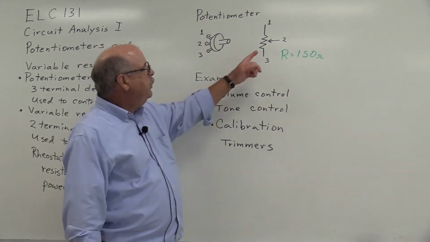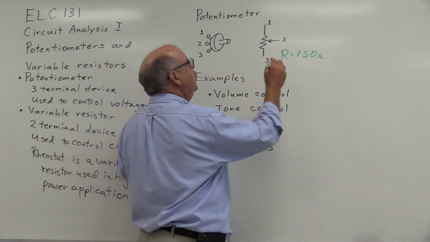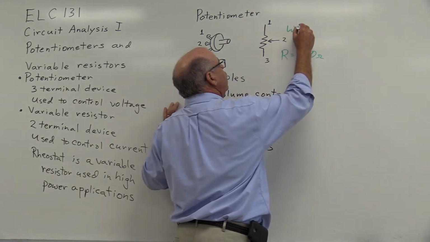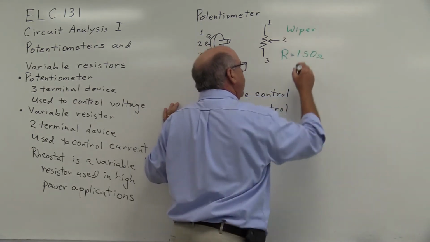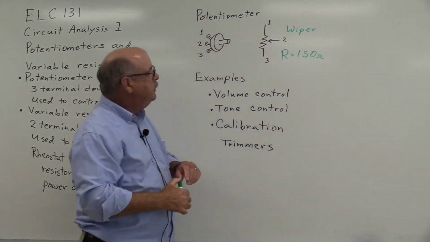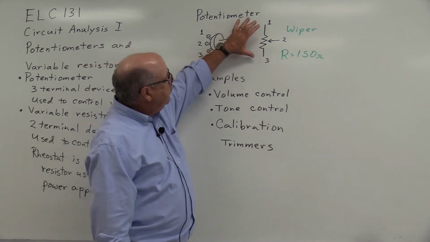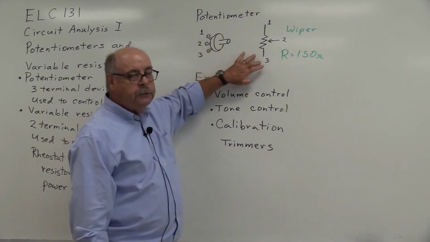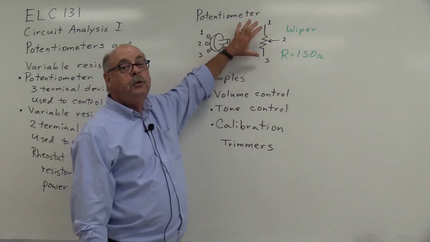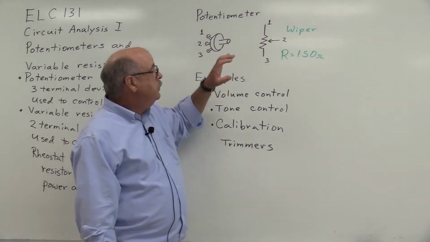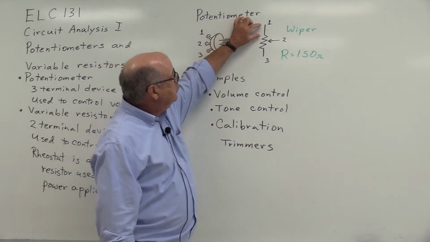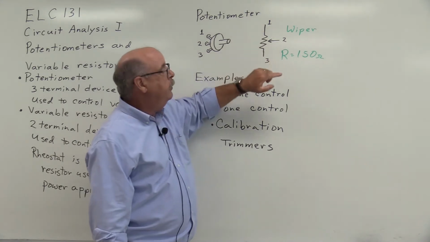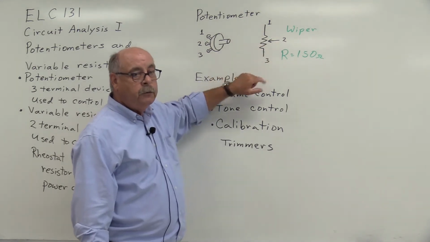Now, terminal 2 connects to what's called the wiper. And the wiper just provides us a means of splitting this 150 ohms of resistance into two parts. The resistance could be 0 from 1 to 2 and 150 from 2 to 3.